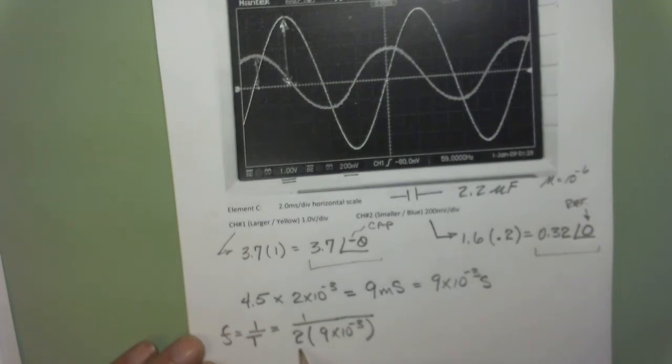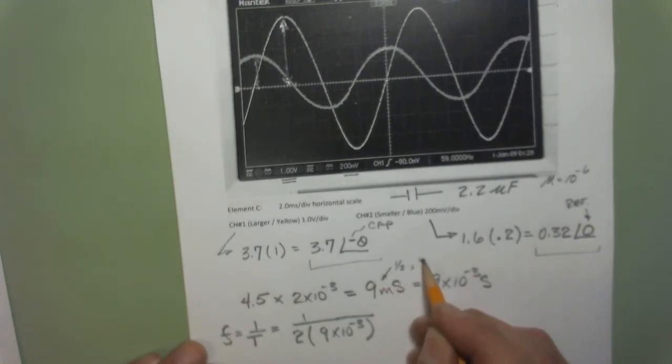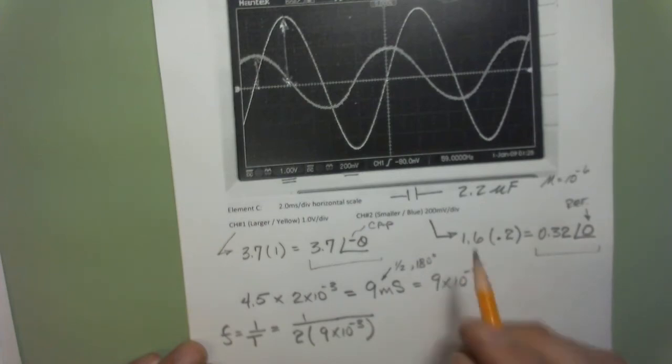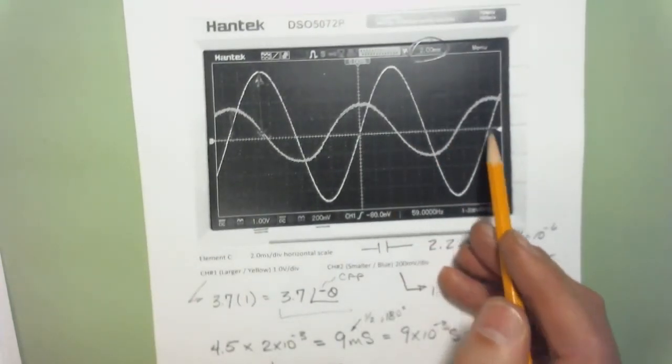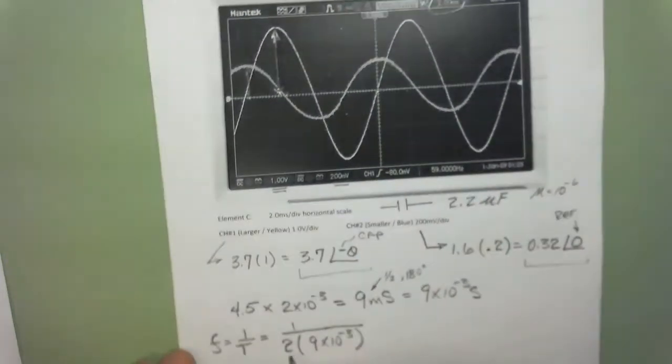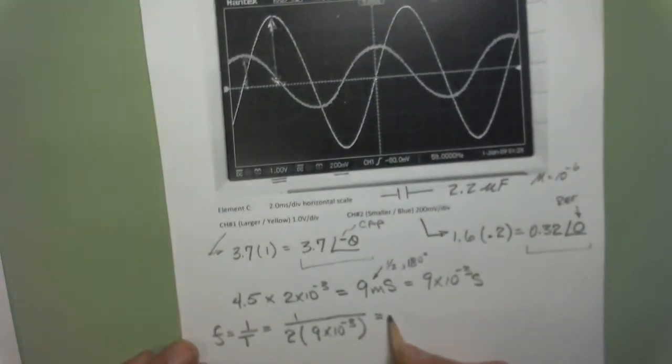Where in the world did 2 come from? Well, this is only half of it, right? And this is a half, or 180 degrees. I could, if I wanted to, measure from there to there. I just have to count further, and that'd be fine. But that's where the 2 comes from. So when I go through that, that turns out to be 55.6 hertz.